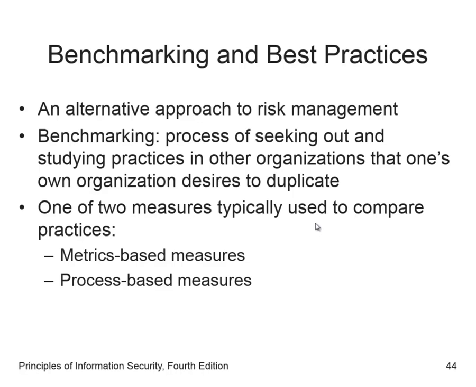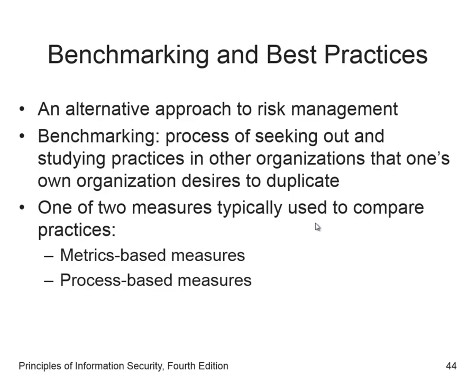So when benchmarking, an organization typically uses one of two measures to compare practices to determine which practice it would prefer to implement. The first set of measures are metrics based, and the second set of measures are process based measures.